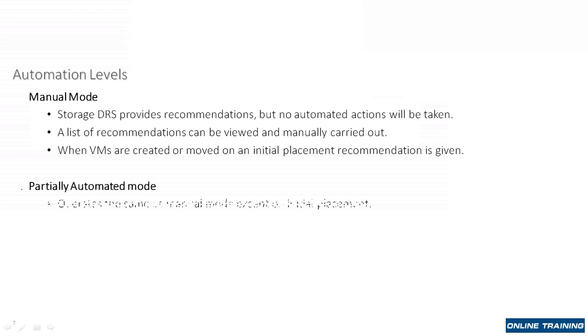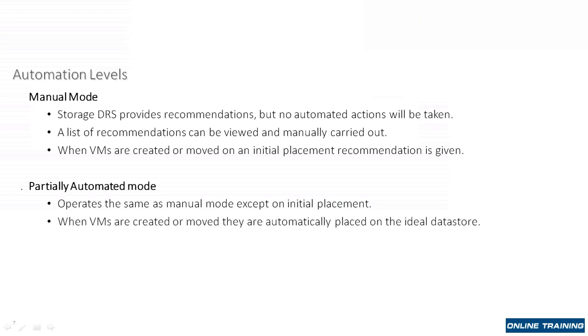In partially automated mode, when we create a new virtual machine, we'll create it on a cluster. When we create a virtual disk, for example, we'll just pick the cluster. And in partially automated mode, storage DRS will pick the optimal data store for that virtual disk. So in partially automated mode, we're kind of halfway there.